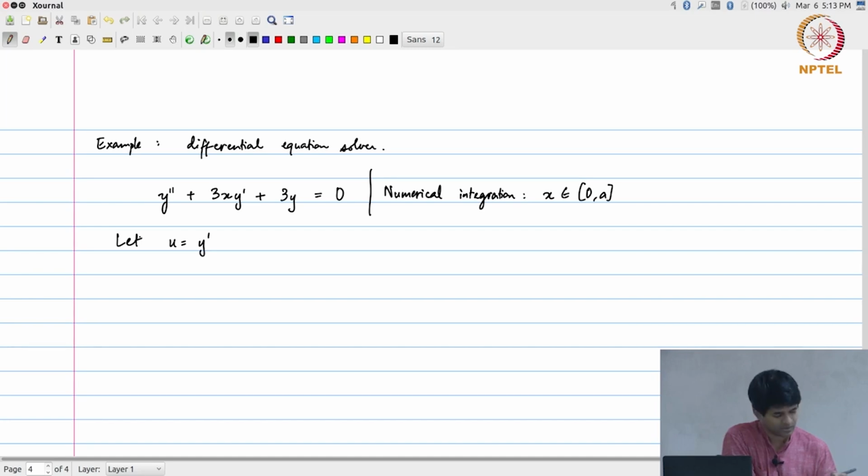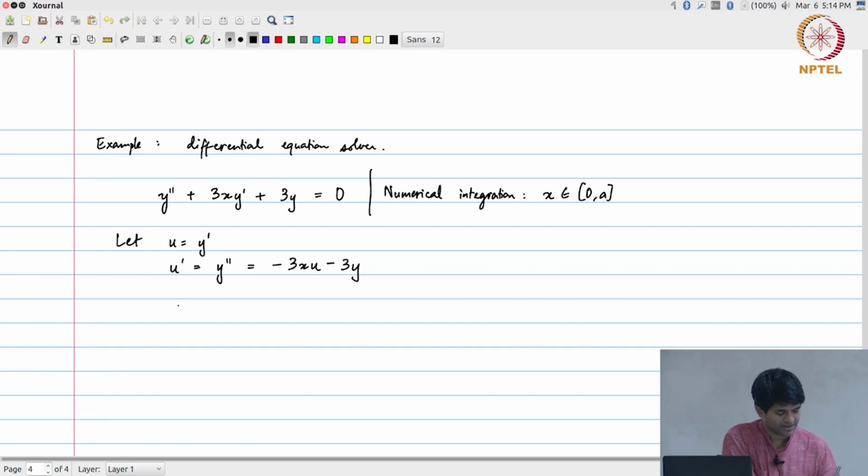Then what I can write is u prime is equal to y double prime, which is, taking the remaining terms to the other side, minus 3x u minus 3y. I have just taken that top equation, y double prime plus and so on, and pushed the two terms to the right hand side.